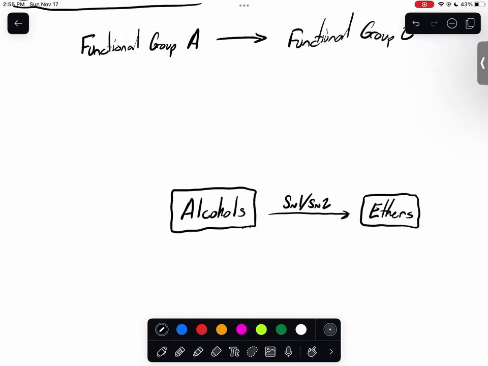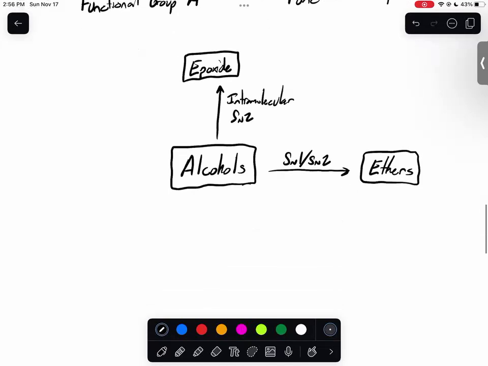Knowing this is good. The other good thing is, all right, let's say we wanted to make an epoxide. Well, making an epoxide is relatively simple from an alcohol. All you gotta do is an intramolecular SN2, in which the alcohol is the nucleophile. We can also go other directions. Say you wanted to make some carbonyls, right?